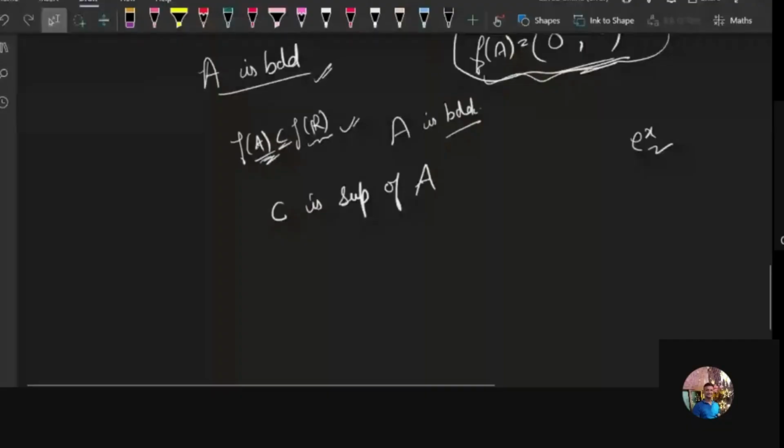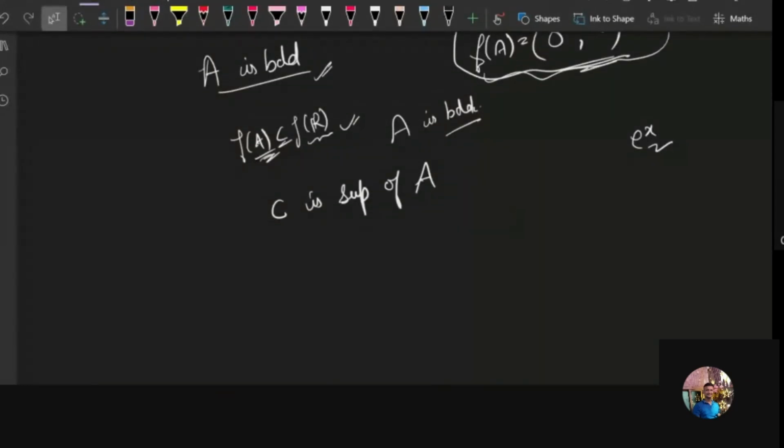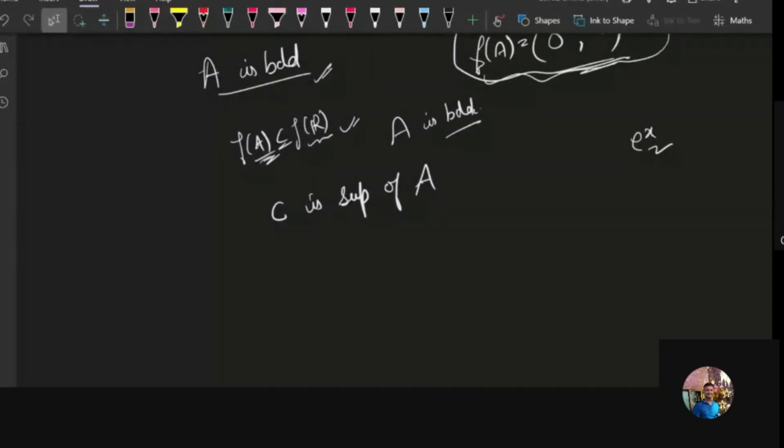Exactly, sir. Either we can prove that the fourth one is correct with the help of the hypothesis, otherwise we give the counterexample for the other three, options 1, 2, 3. Then we can easily satisfy ourselves.